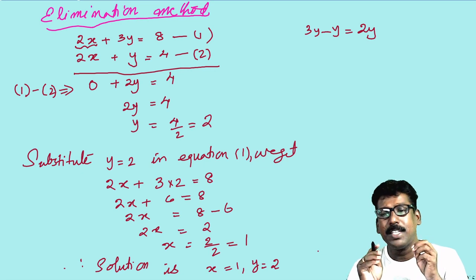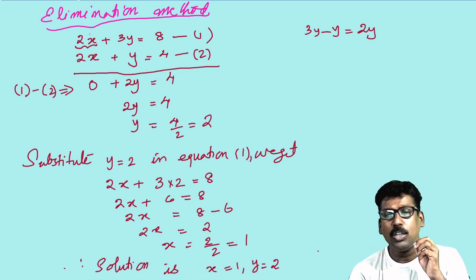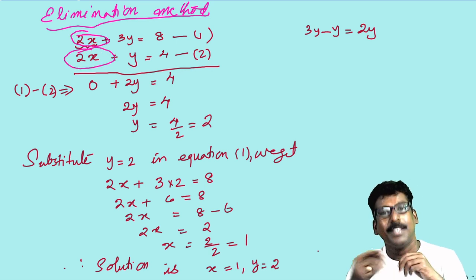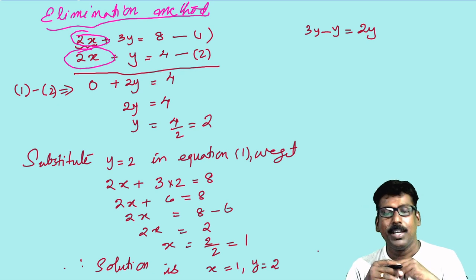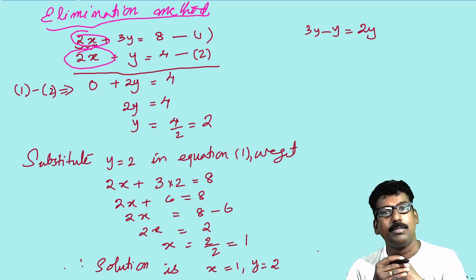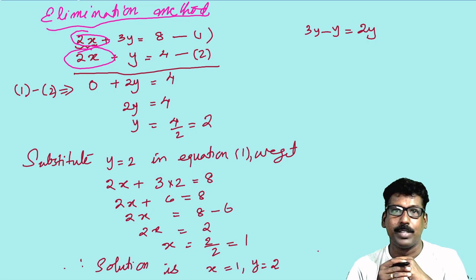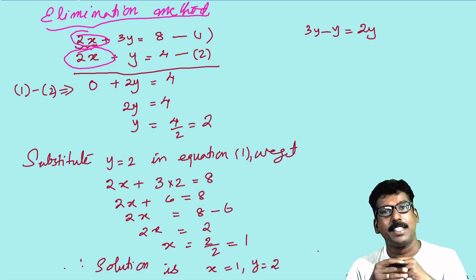But here you can see in both equations the first terms are equal. That is why the term got eliminated by subtracting. Now if the terms are not equal, how will you find out the solution? That we can discuss with an example of a word problem.